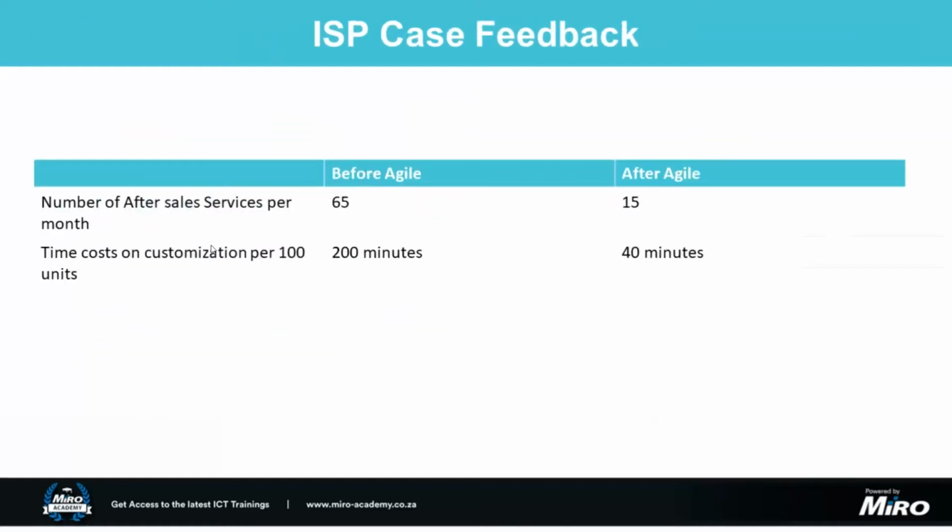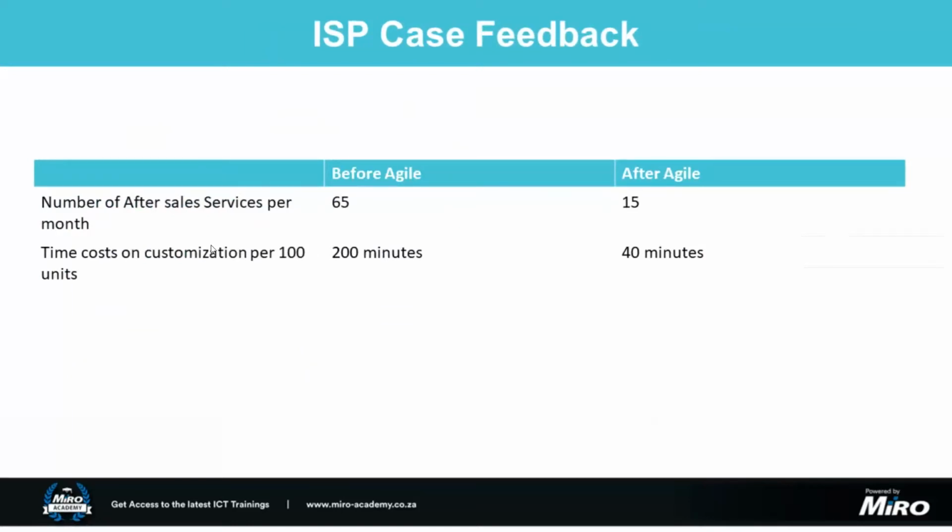If you look at a typical ISP scenario, before using Agile Configuration versus after using it, you can typically see a medium to large ISP reduce the number of after-sales services per month from about 65 to 15.